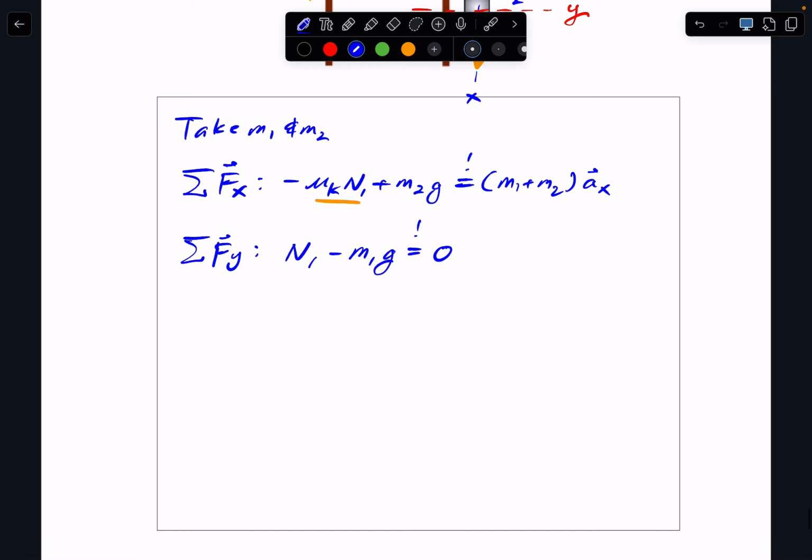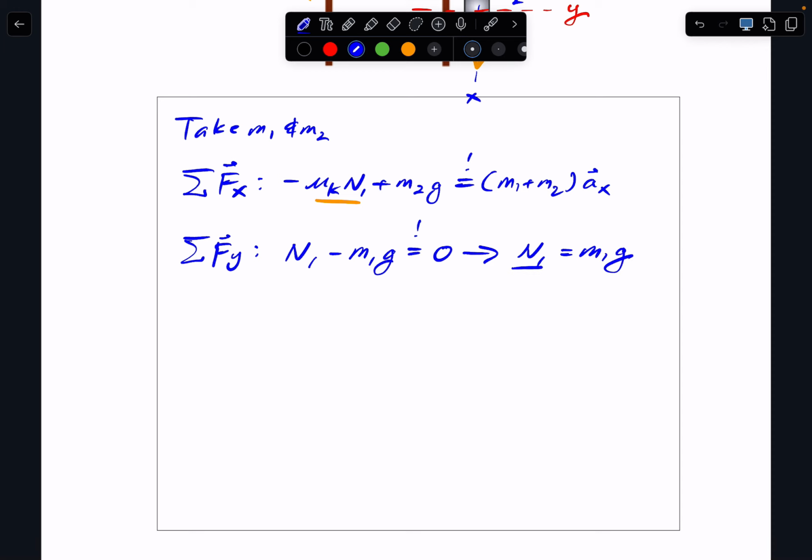Great. All right, unlike the example problem, I actually have to use my y equation over here because ultimately I'm trying to solve for A of x, but I don't want this N1 here. So how can I use my y equation to eliminate this N1 over here? What's N1 equal to? M1G, right?